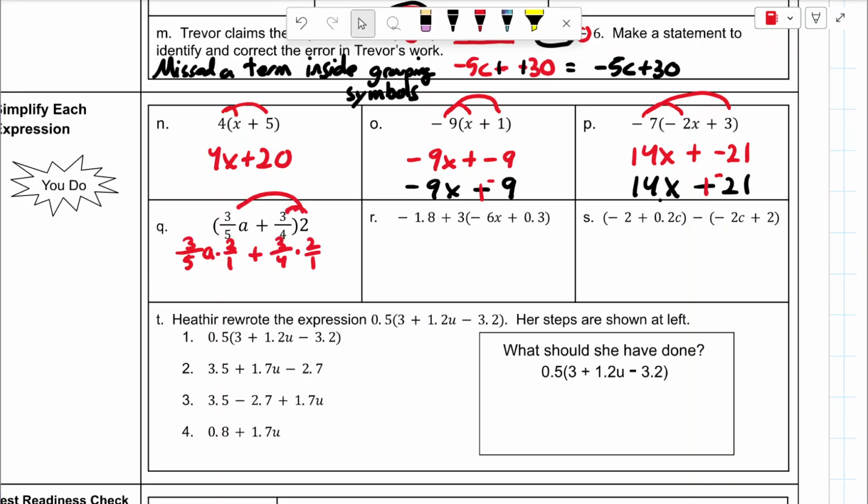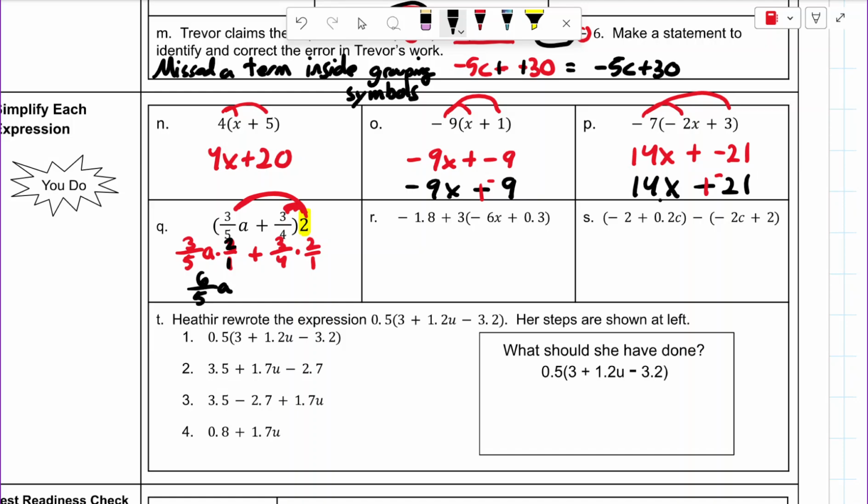All right, we're back. I don't have the answer for you, but I want to show you how to set it up. This is a 2 back here. There's no sign in between the grouping symbol and the 2, so it means to multiply. And 2 times 3/5 a and 2 times 3/4. This is fractions, so we write 3/5 a times 2, make 2 into a fraction. That's 2 over 1. And with multiplication, you multiply straight across. 3 times 2 is 6. 5 times 1 is 5.